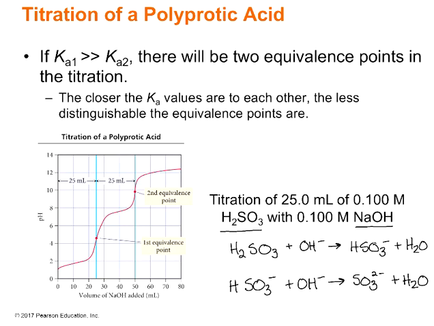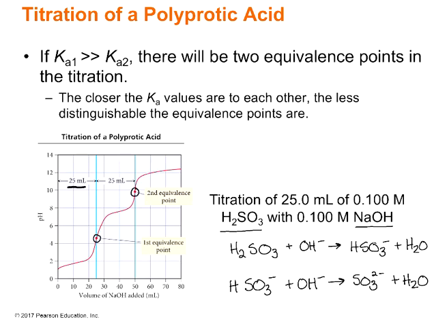Okay, so you'll see two curves. Looking at the titration curve on the left, you'll notice that after the addition of 25 milliliters of 0.1 molar sodium hydroxide, we'll reach the first equivalence point, and then after another 25 milliliters of 0.1 molar sodium hydroxide, we'll reach the second equivalence point.